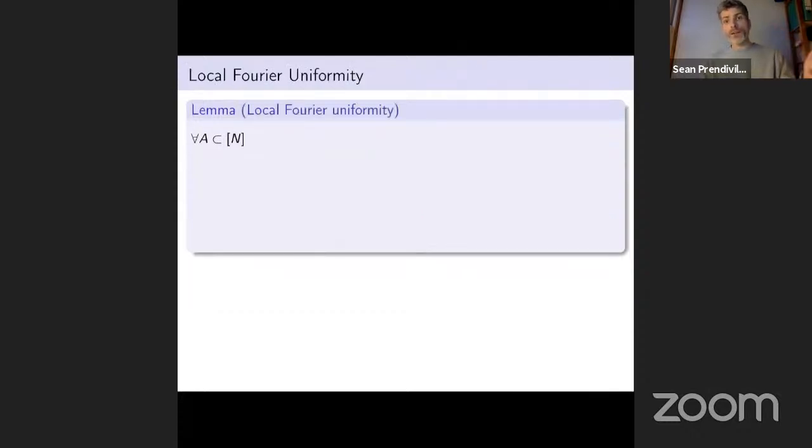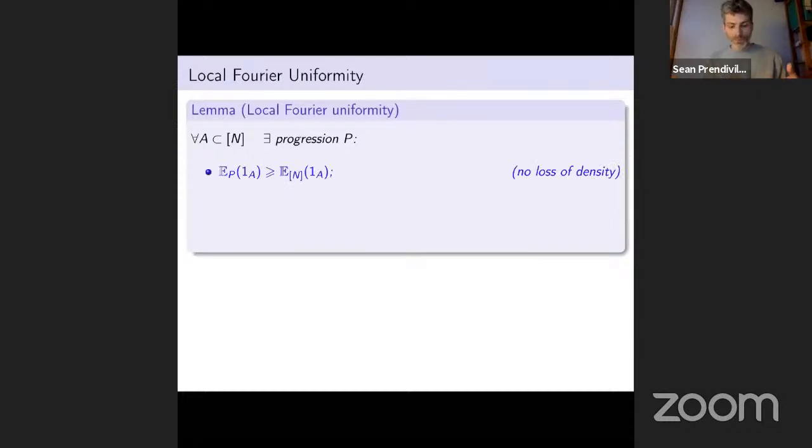So let's try and find a little bit of Fourier uniformity. We're in the situation where we've got an arbitrary subset of our interval, and this local Fourier uniformity lemma, which is going to be key to how we prove Roth's theorem, says we take our set of integers in the interval, we turn a crank, and out spits this progression P, which has some nice properties.